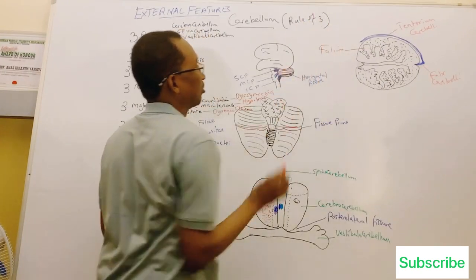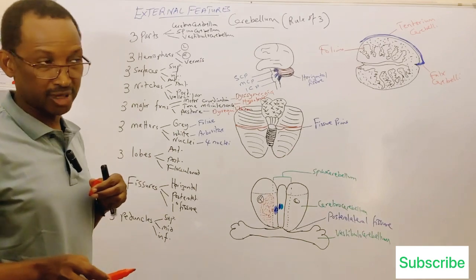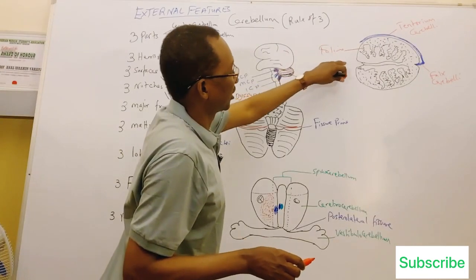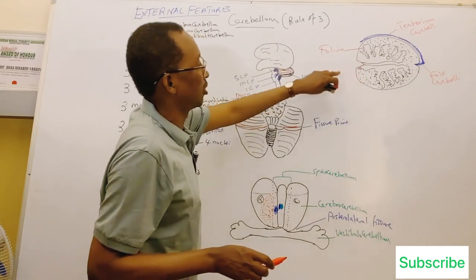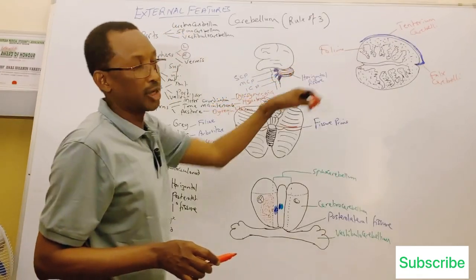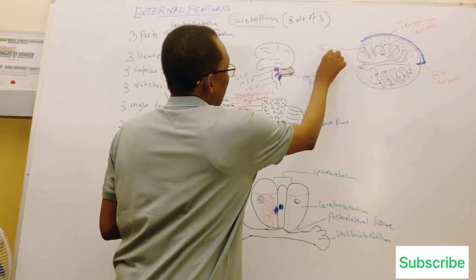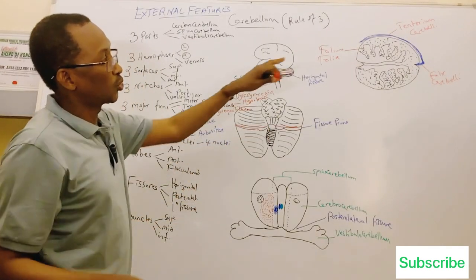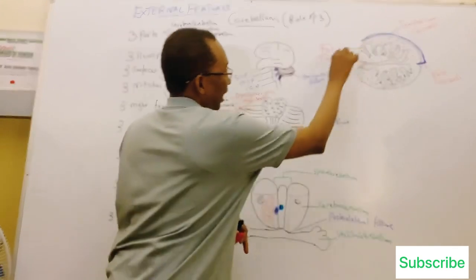This folium is similar to the gyrus of the cerebral hemispheres. The folding of this gray matter into the substance of the cerebellum is what we call folium, and the plural is folia. So the cerebellum has a lot of folia.